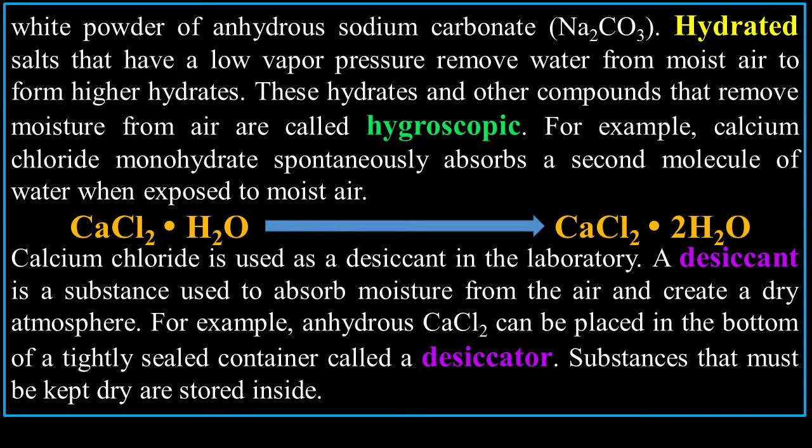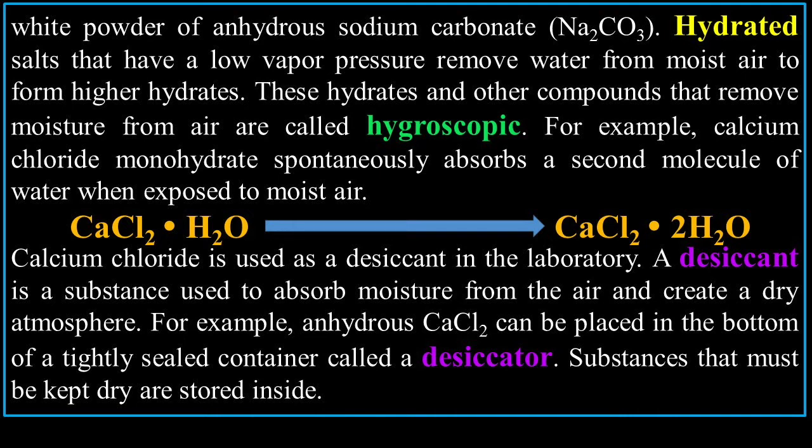These hydrates and other compounds that remove moisture from the air are called hygroscopic, like hygrophobia. For example, calcium chloride monohydrate spontaneously absorbs a second molecule of water when exposed to moist air.